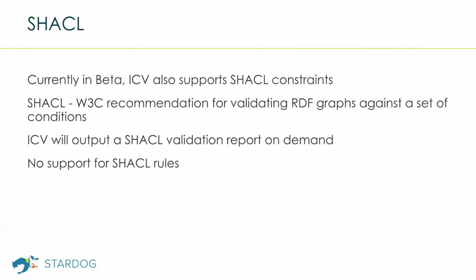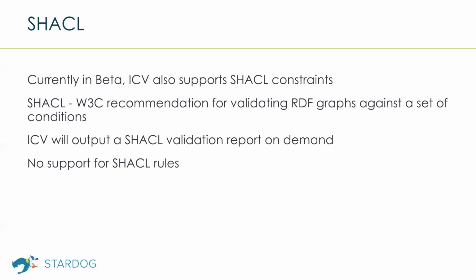The property should be in this range of values. It shouldn't have this property, and you can specify all of that in the shape that node is supposed to take. And then you can do an ICV report and get a SHACL report that says whether your data is in compliance with your shapes or not.